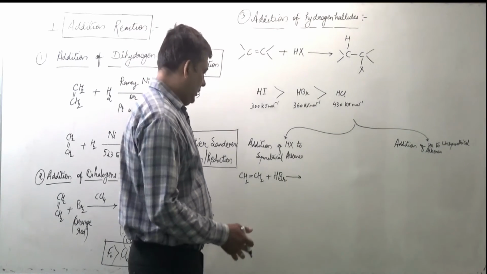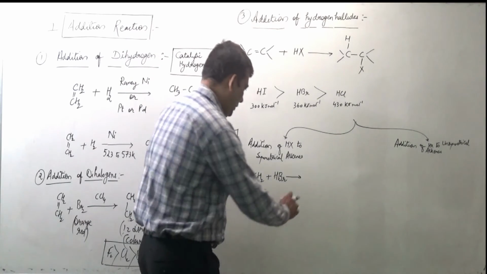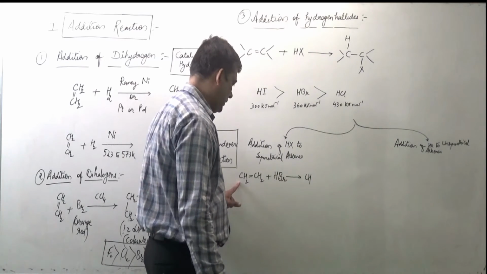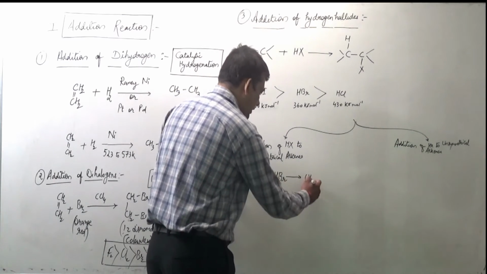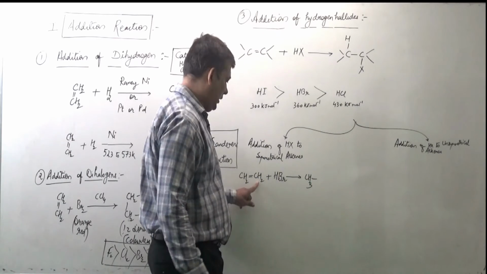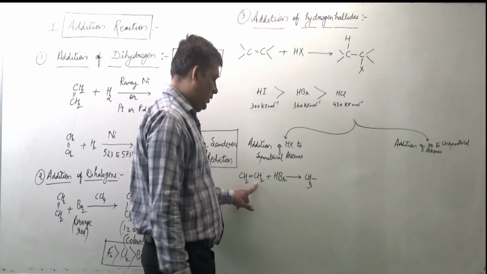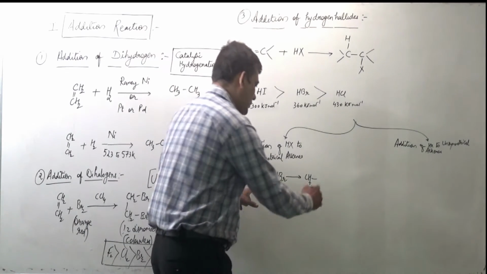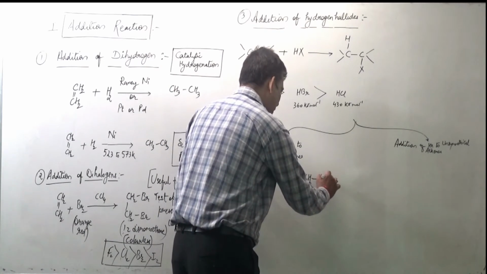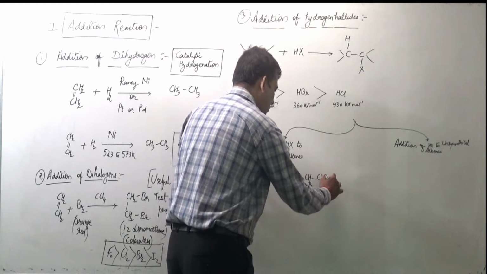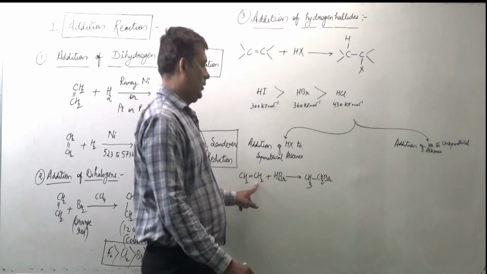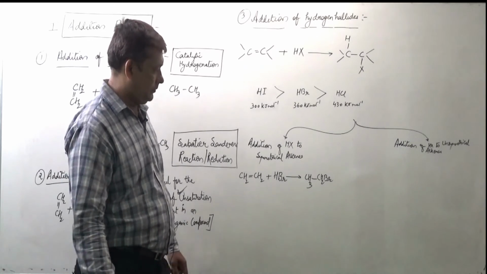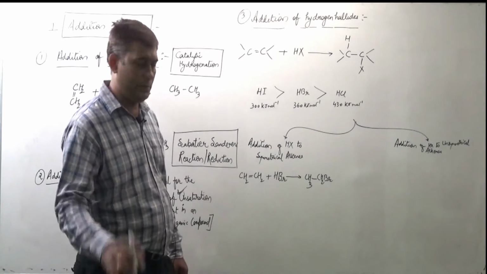Let us say this proton goes with this carbon, so it will become CH3, and the negative ion would go with the other carbon, so it will become CH2Br. So theoretically only one product is possible. There is no second choice.